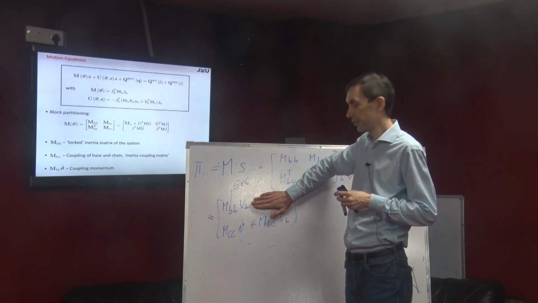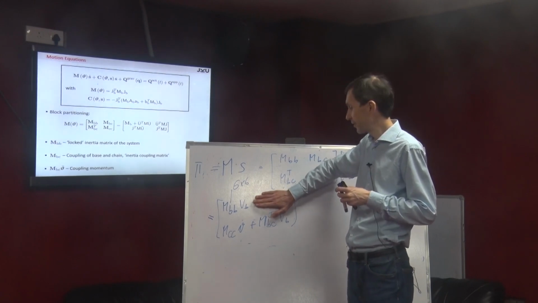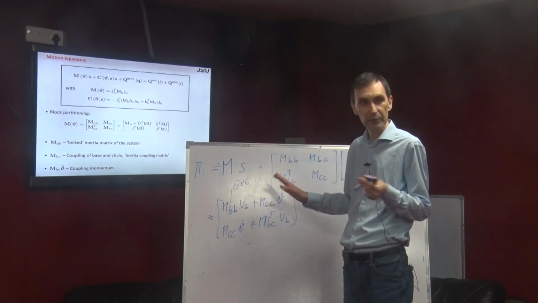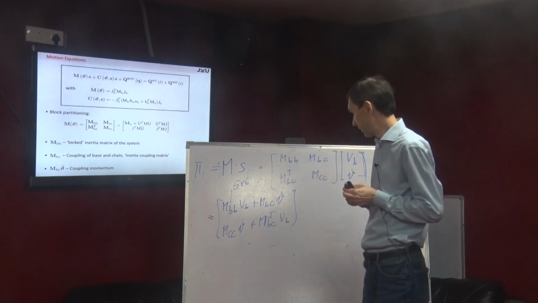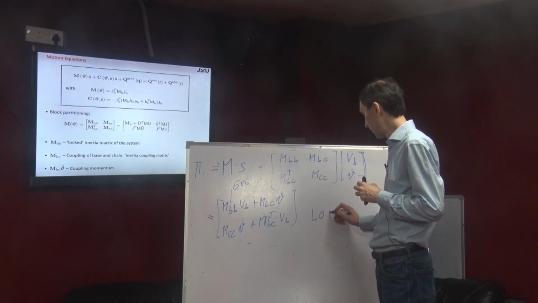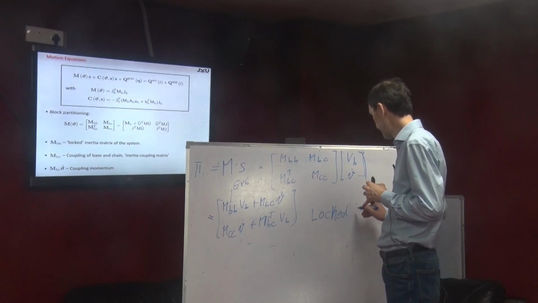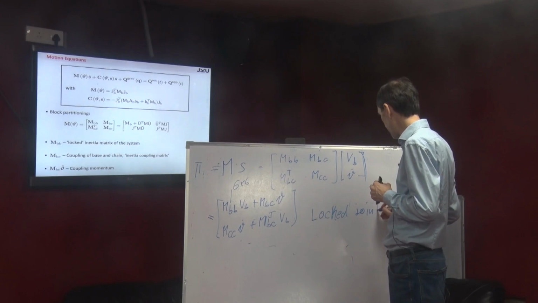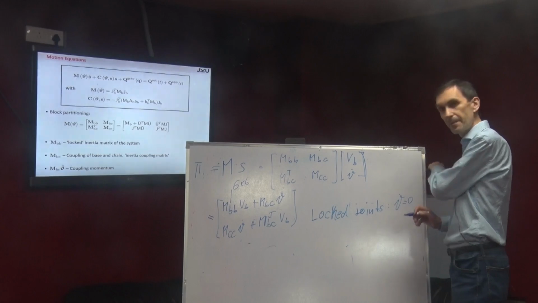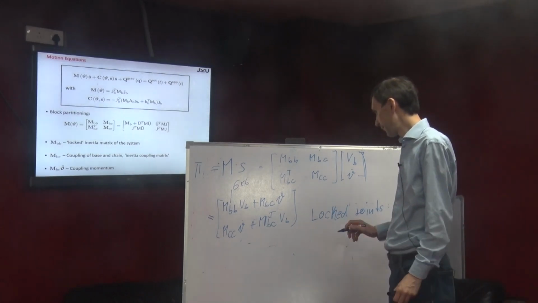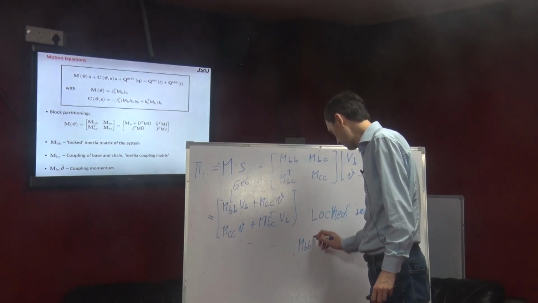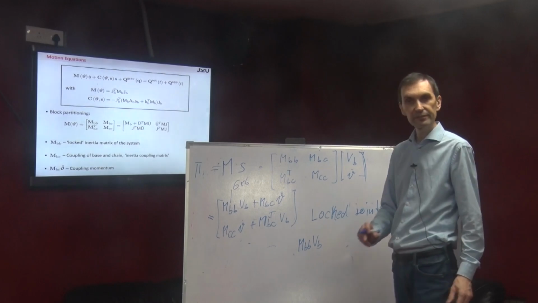So essentially the momentum that you have at the base is, as always, MBB times VB. Locked joints means that theta dot is 0. Then the first part of the momentum is MBB times VB.